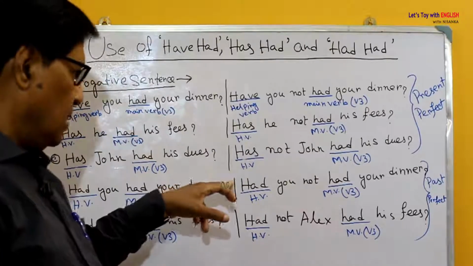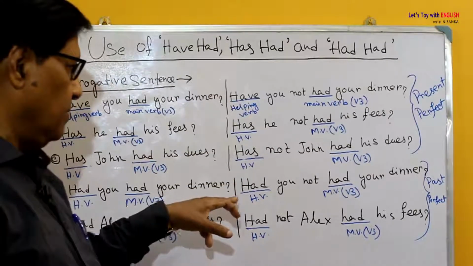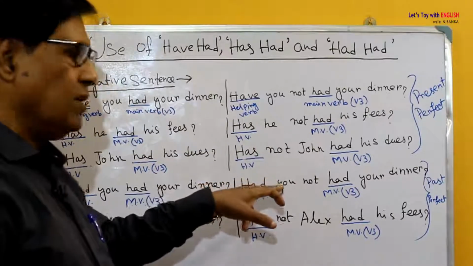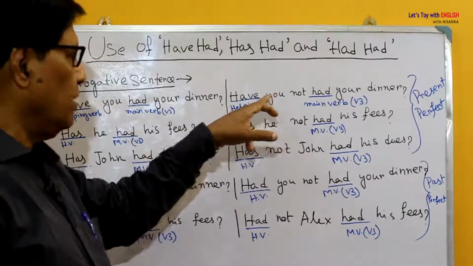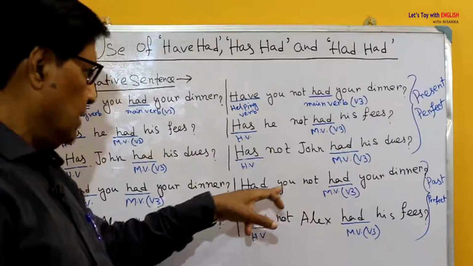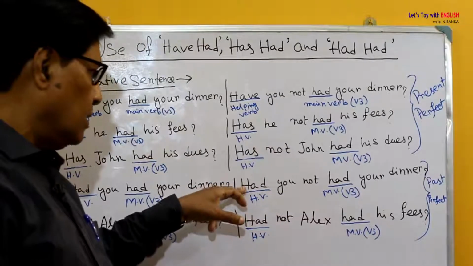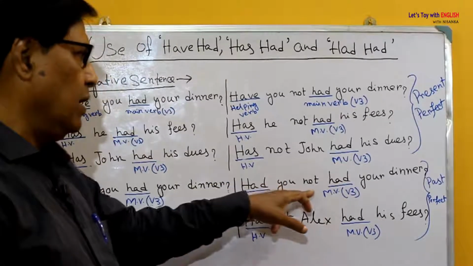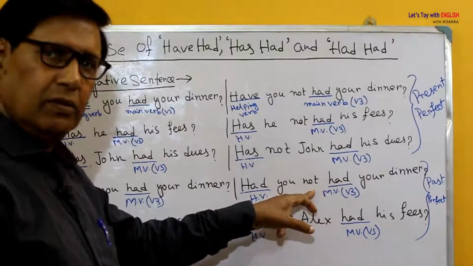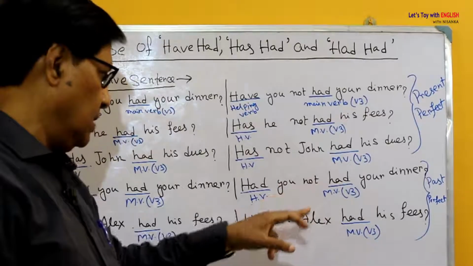But come to the past perfect tense. If the subject is a pronoun, according to the previous ones, the subject will be placed between the helping verb and the negative word not.